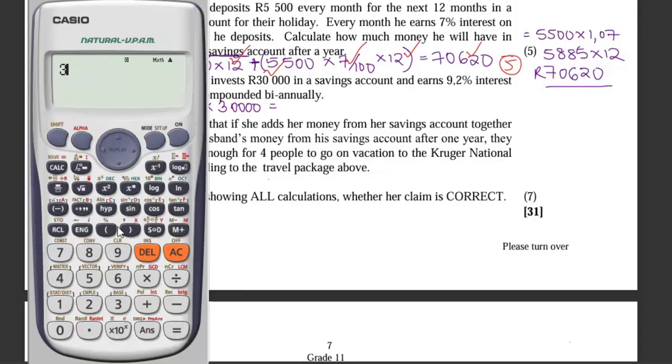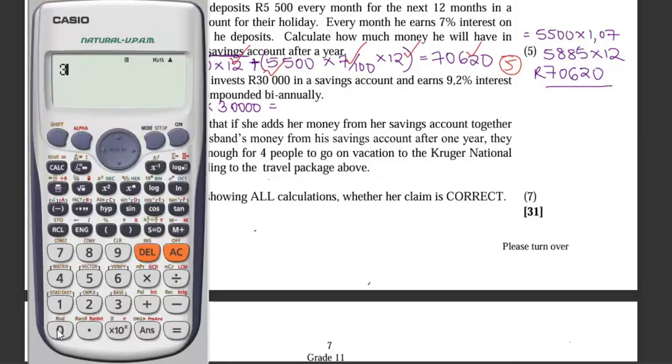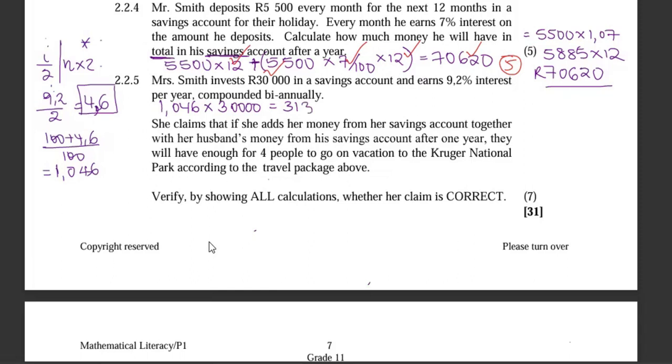So what answer could this be? 30,000 times 1.046. We have 31,380.